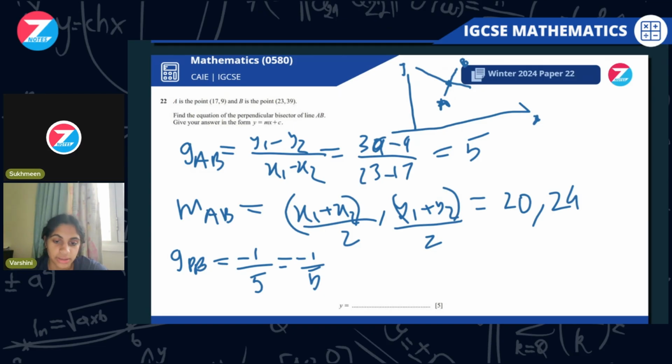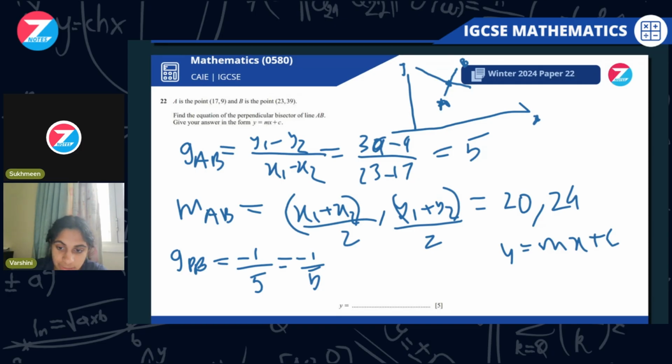So for any line y equals mx plus c, we have m over here, and we also have y and x, which is 24 and 20. To find c, we just need to substitute everything into this formula.